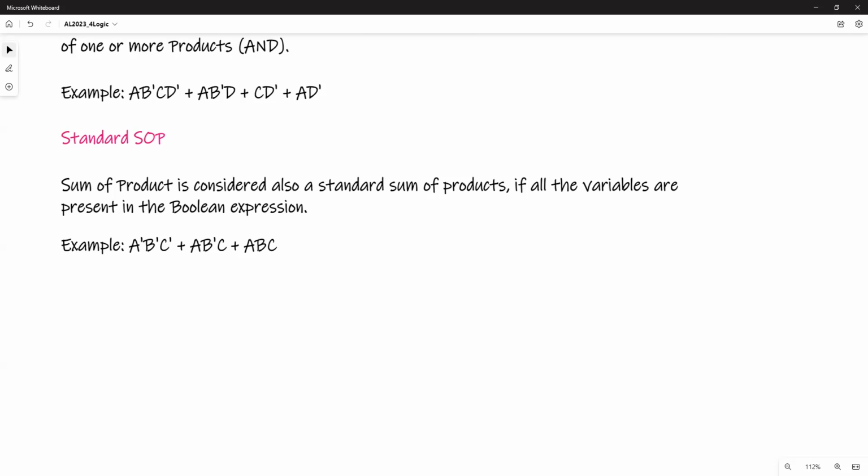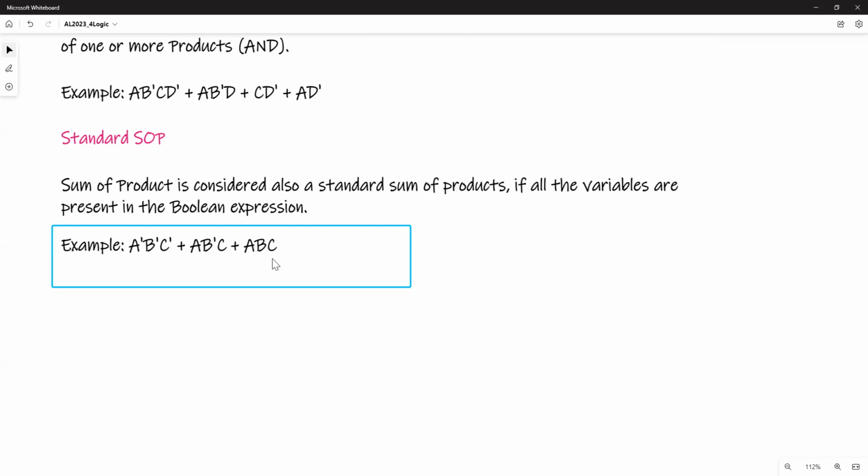Okay, right. Now let's look at how we are going to convert. Now sometimes in the exams you are given it like this, but first of all we have to convert it to the standard form before we simplify. That's the idea.